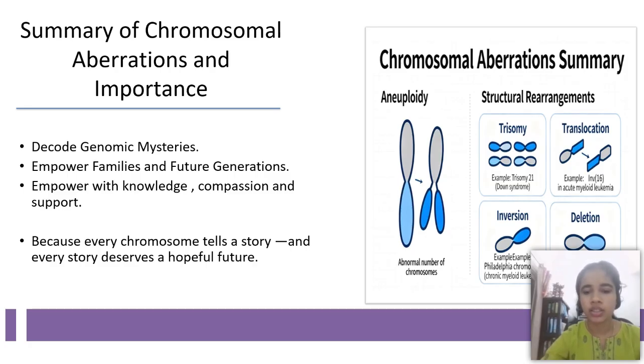By understanding these genomic twists and turns, we are learning to unravel the mysteries behind genetic conditions, diagnose earlier, treat smarter, and support individuals with compassion and respect. The more we learn, the better we are at turning information into empowerment: empowering families to make informed choices, empowering children to access care and opportunities, and empowering future generations with hope that is shaped by science.